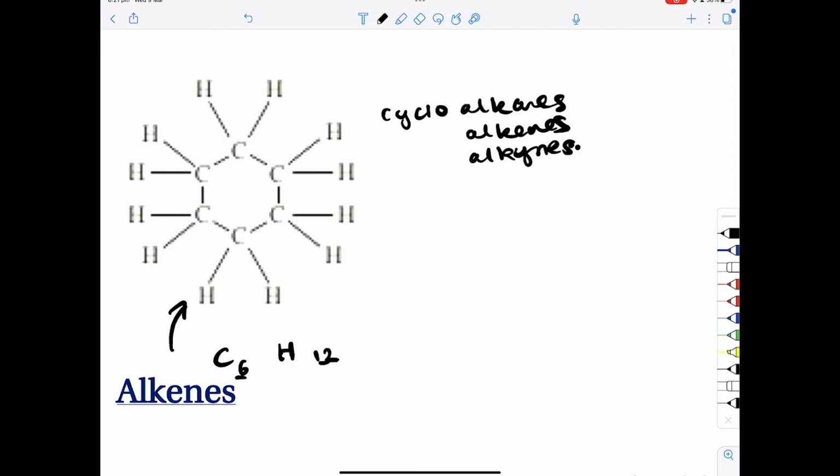Is that the exact same formula that a hexane would have? Because this is a cyclohexane. Annette, what's the formula of hexane, and why is it different to cyclohexane? Well, it's different because since the carbons are linked in a ring, you lose 2 bonding points.